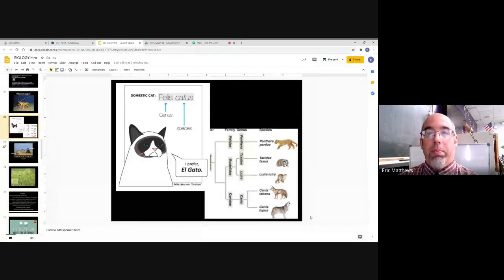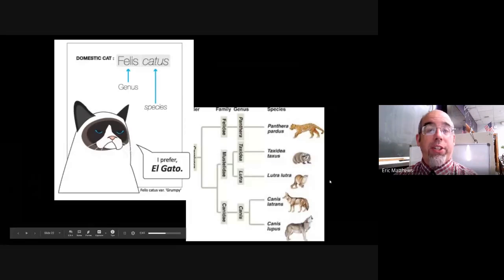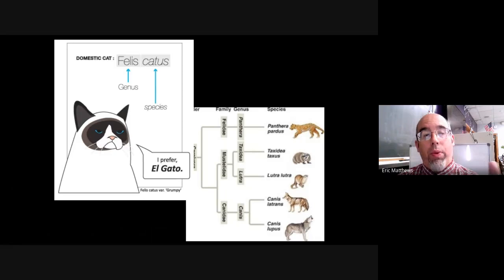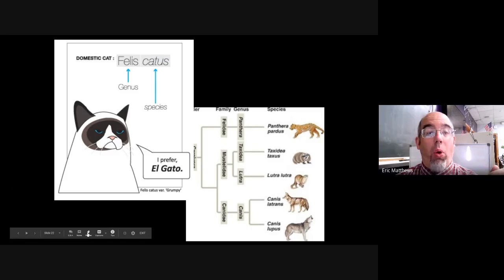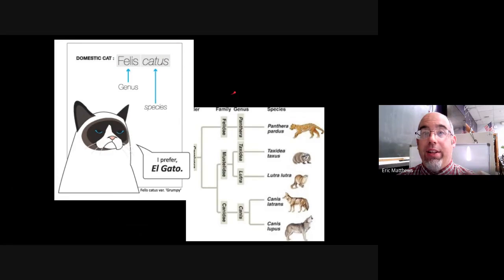All right, so at this point, we should be seeing the presentation. Remember yesterday we talked about the things that we keep in common with the rest of the world in order to actually do science and communicate the information. And we finished with Latin, talking about how Latin is a dead language that therefore does not change. That's really important. So when we say Felis catus, we always know what we're referring to, the domestic cat.